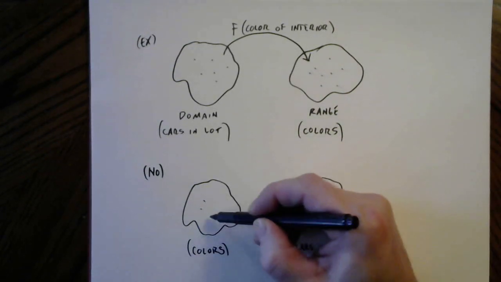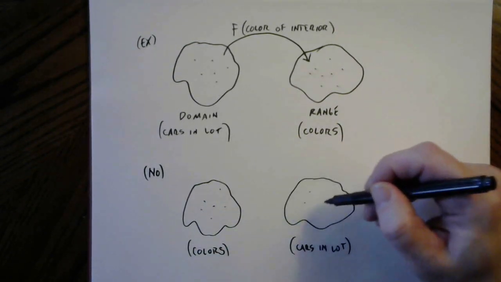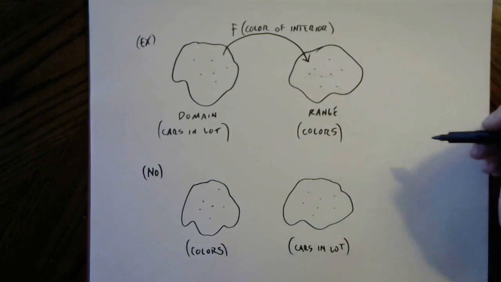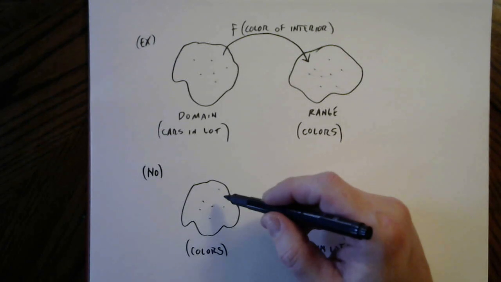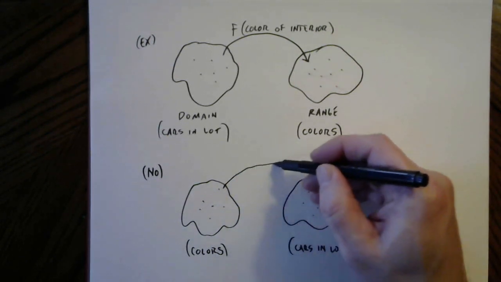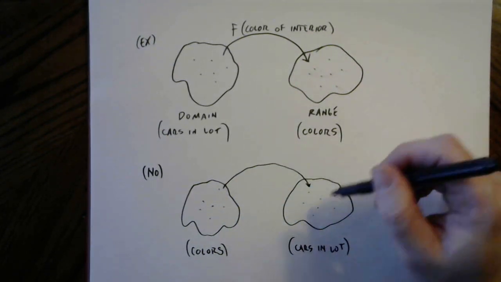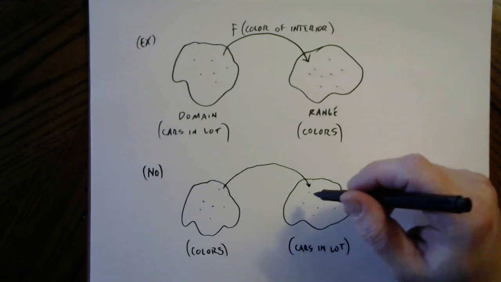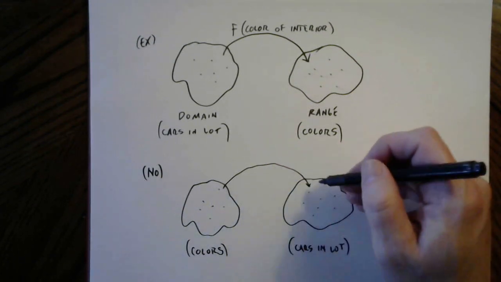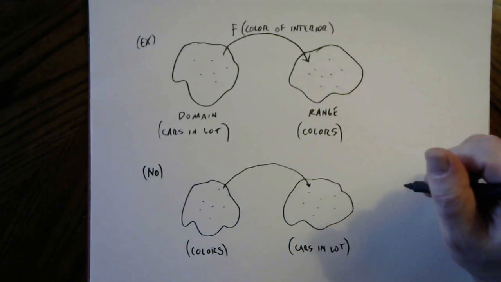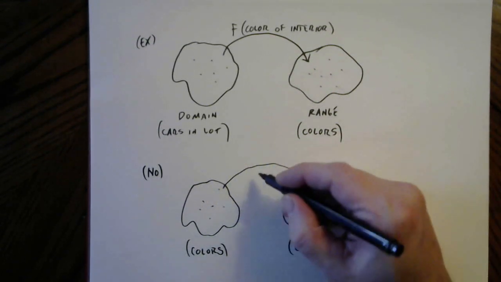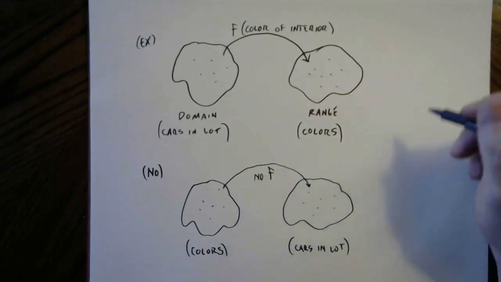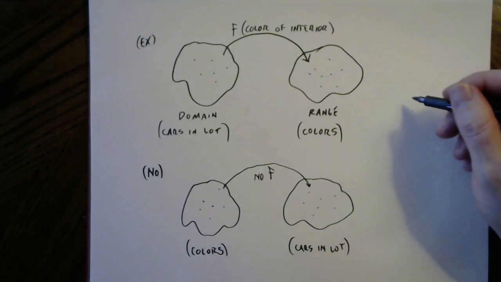Get some dots. And then this rule, I'll take a color, and then that color will go to any car of that color. So the color white could be assigned to 20 different cars. That color does not have a unique output. So this is not a function. Okay?